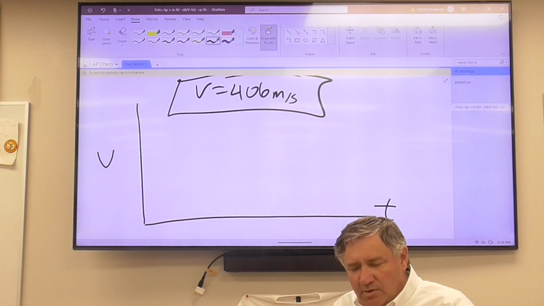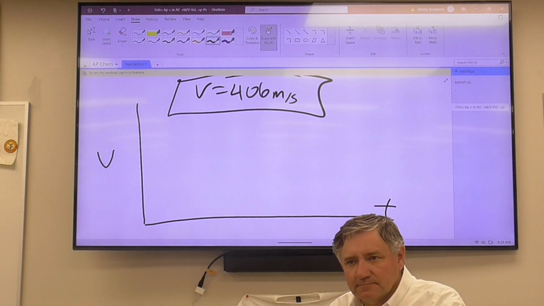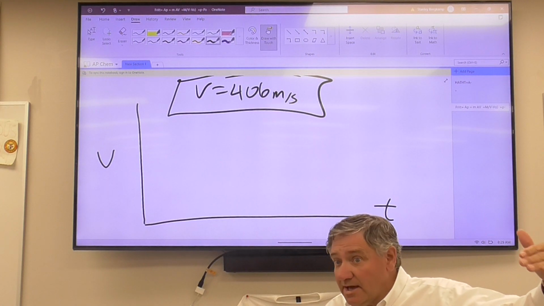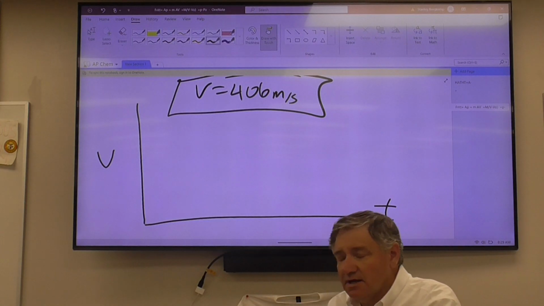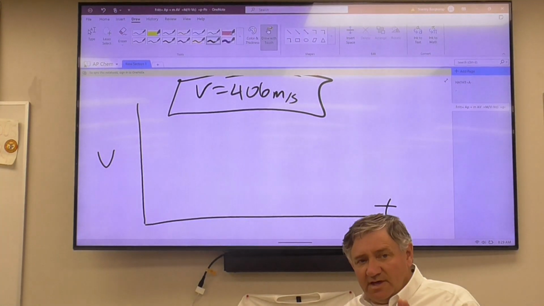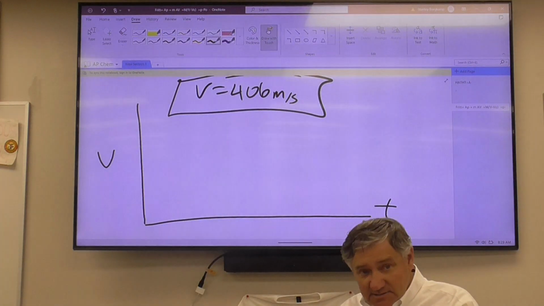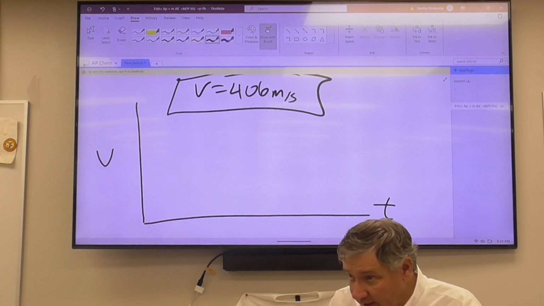Is the velocity of the bullet going to change when it strikes the block? Yes, because it's going to come in at 406 and move off with the block at 6 meters per second. I don't want you to think that the final velocity of the bullet is 0. It's not, because it's moving with the block.